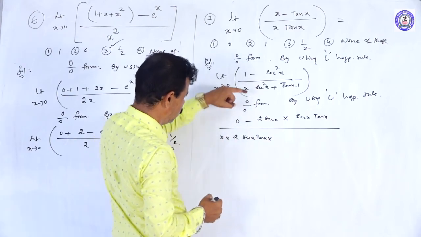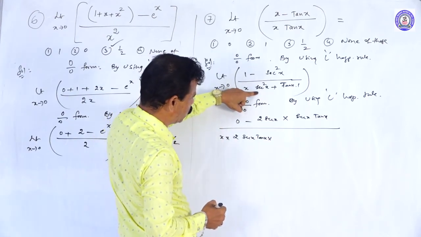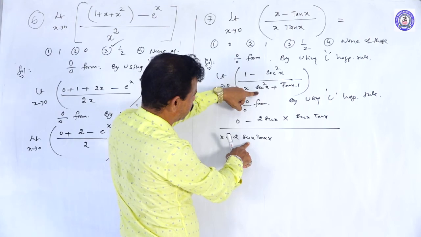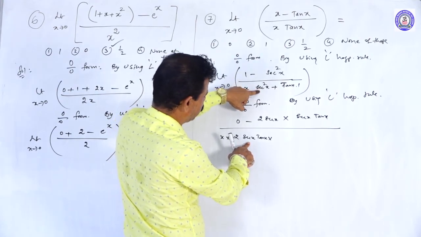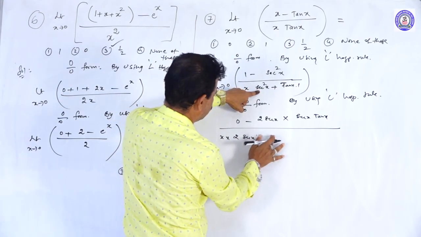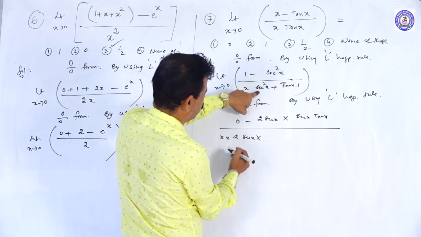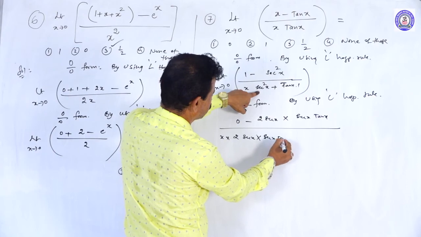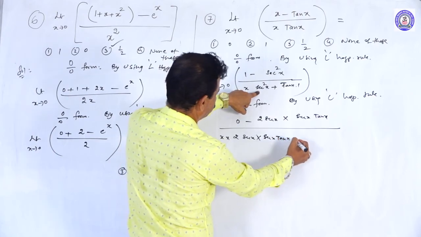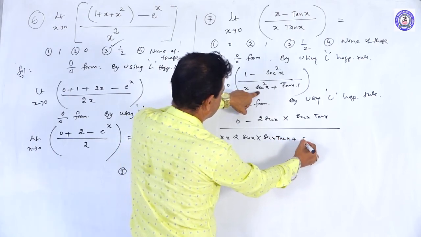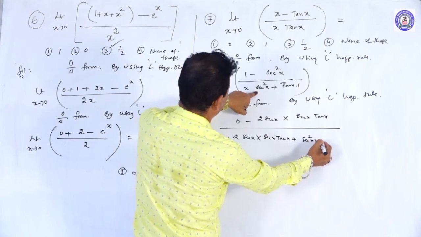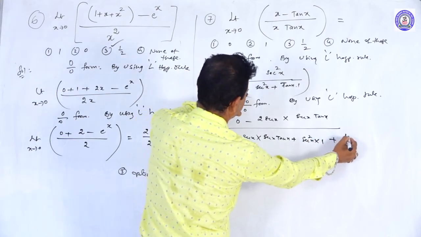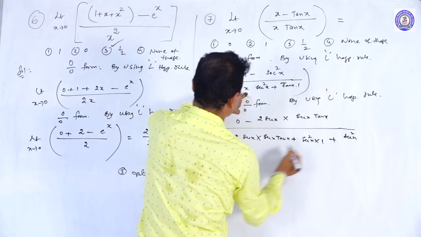Again x as it is, secant square 2 sec x. Sec x derivative is sec x tan x. Otherwise you can write like this: secant square is 2 sec x, sec x is sec x tan x. Plus secant square x into x derivative 1 plus tan x derivative secant square x.